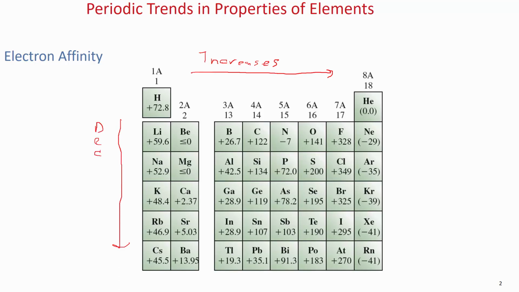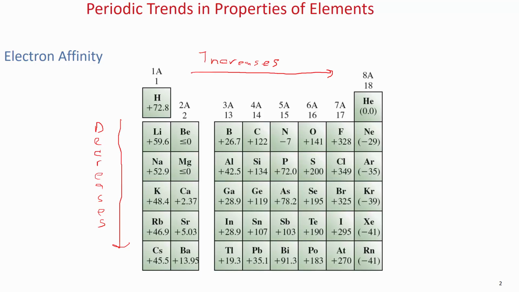That makes sense. It's in line with effective nuclear charge, in that as we go across the periodic table, the effective nuclear charge increases, so there's more of a nuclear charge on the outer shell of the atom. It also decreases as we go down because we're adding more and more shells to the atom, and so the outer shell is getting further and further from the nucleus.